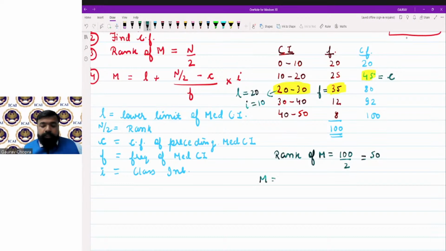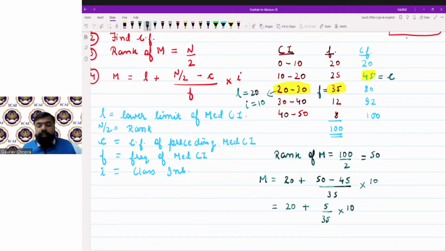Applying the formula, median equals lower limit 20 plus (n by 2, 50, minus C, 45) upon F, 35, into i, 10. So 20 plus 5 upon 35 into 10.